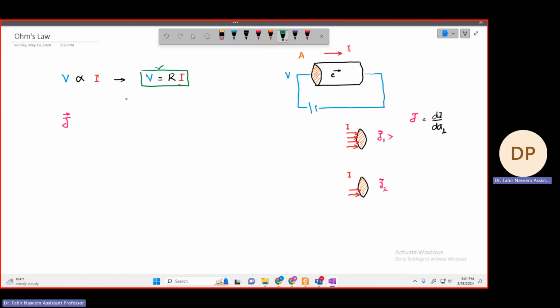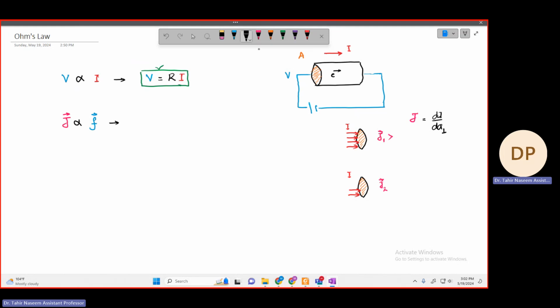Basically, I can say that the current density is proportional to the force, so this is force per unit charge, the force which is experienced by a single charge. So current density will be proportional to the force applied per unit charge, right? If we apply larger force, we will have larger current density, and if we apply lesser force, of course we will have lesser current density.